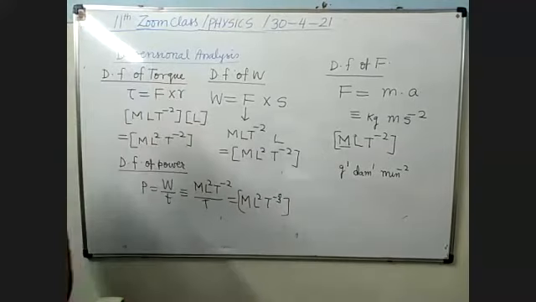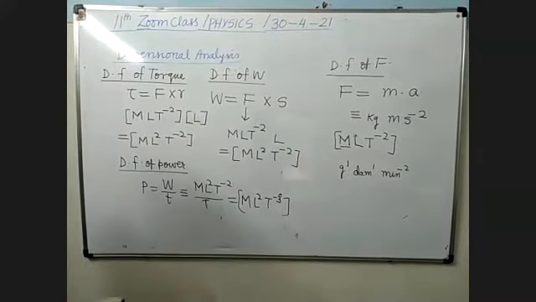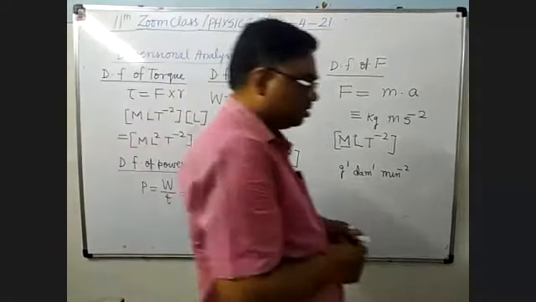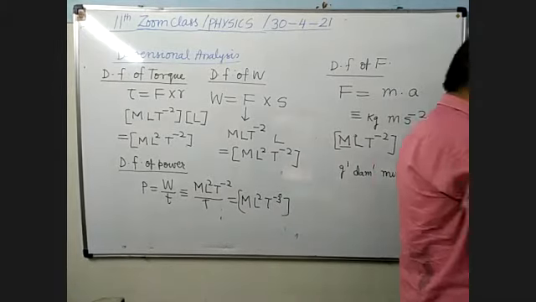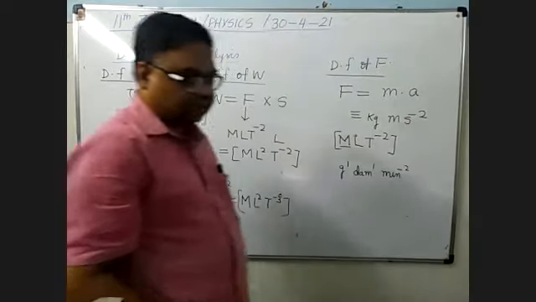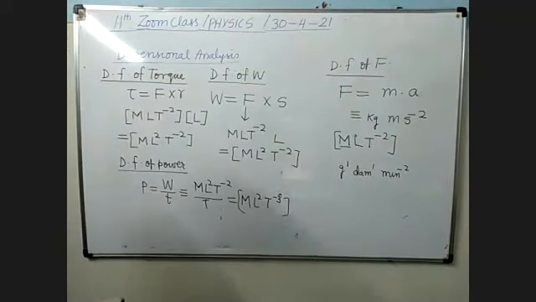Now see here, what is the dimensional formula of mass? M. Mass क्या हो जाएगा? M. हमने अभी बताया ना, जितनी भी फंडामेंटल क्वांटिटीज है उनका यूनिट सिंबल विल बी द डायमेंशनल फार्मूला. व्हाट इज द डायमेंशनल फार्मूला ऑफ टाइम?